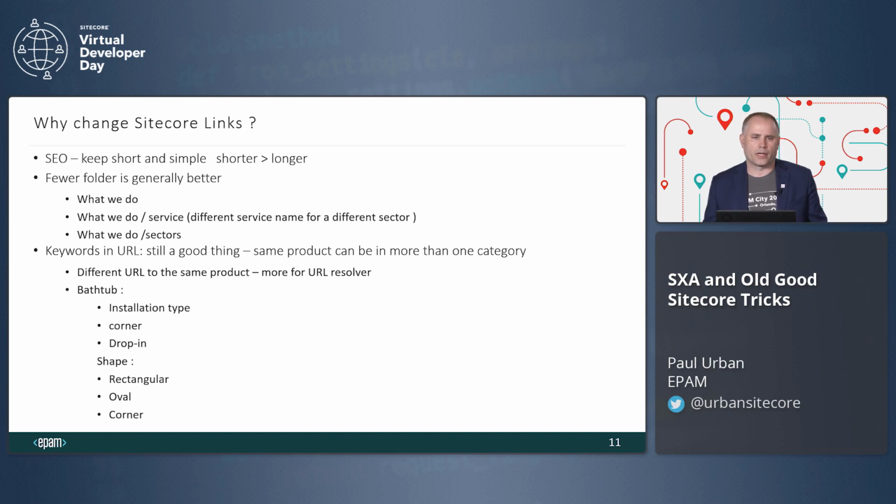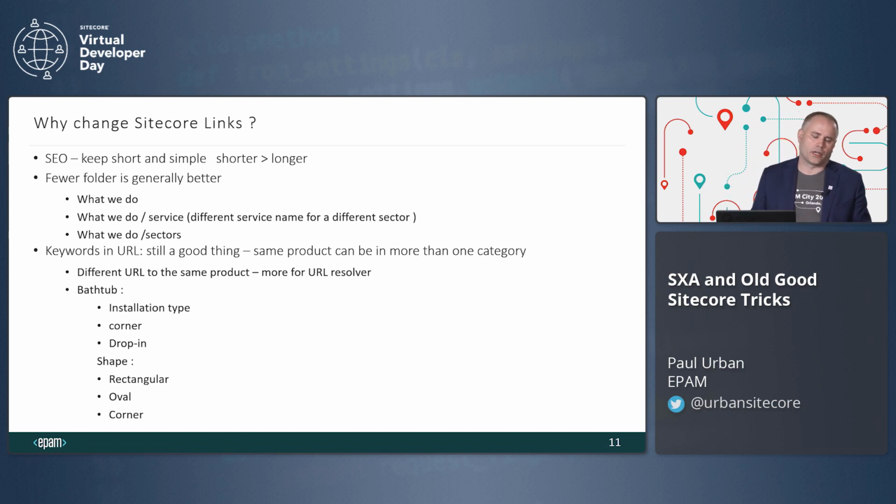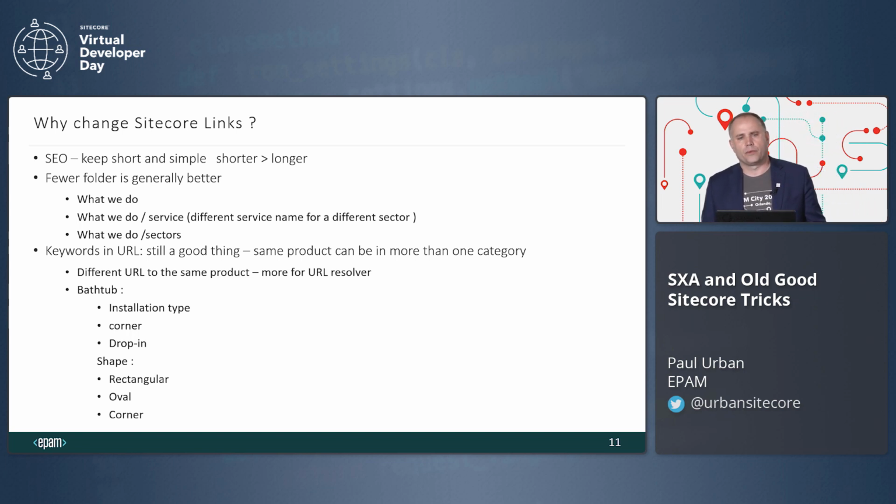Under what we do, we can have different children, like for example, services, sectors, and all those sectors can have their own detailed pages. So all of a sudden, we have URLs with more than 3 levels, and we don't always want to do that. So we can put in place a custom business logic for how to generate those URLs.